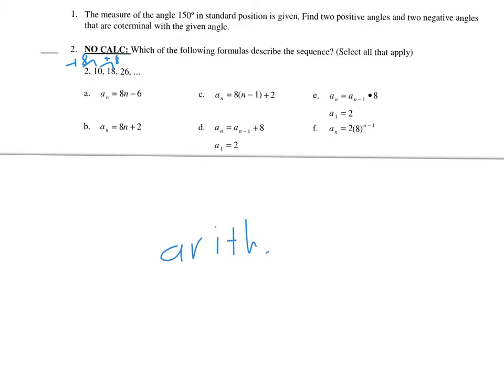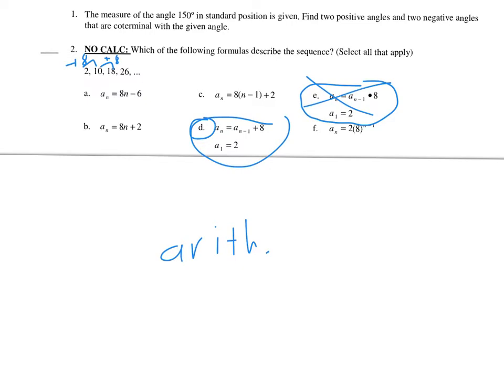But before I get into my arithmetic formulas, I see that these two are recursive versions because they give me the a sub 1, and it's based on the previous term. As I describe the pattern, it's a +8 pattern. So I'm going to say that E is incorrect and D is correct because that describes the +8 pattern in the recursive sequence. Now for the explicit formula.